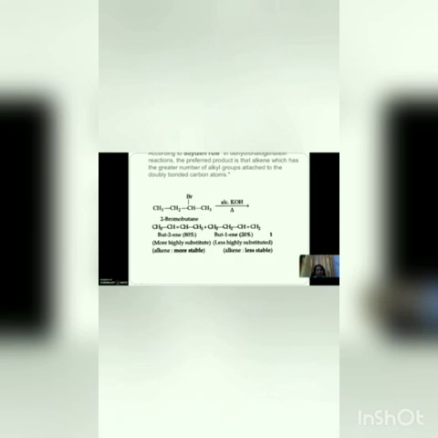So if the beta carbon has more substituted alkyl groups, then it will be more stable. I am repeating this. Here you can see the carbon attached with the CH3 group, but here the carbon is attached to only two hydrogens. So here it is more substituted, a methyl group is there. That's why it is more stable.